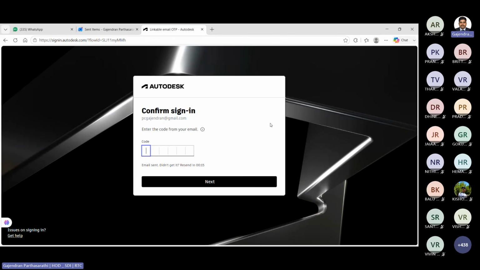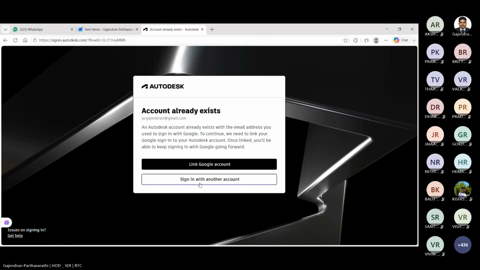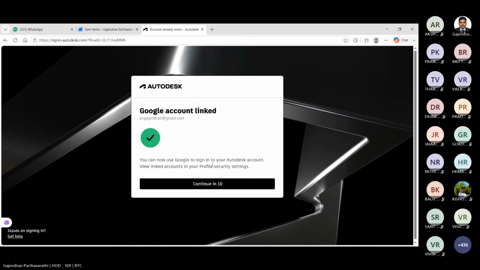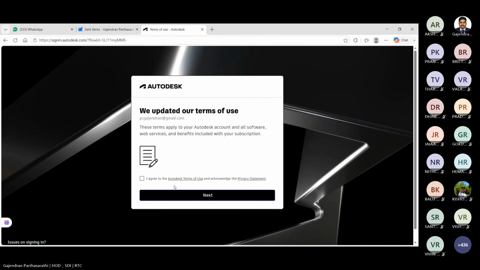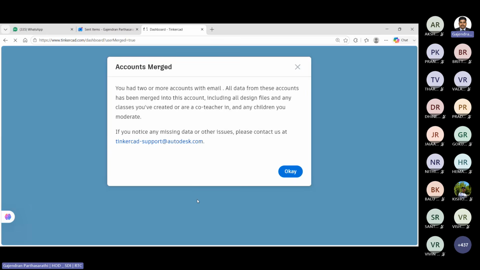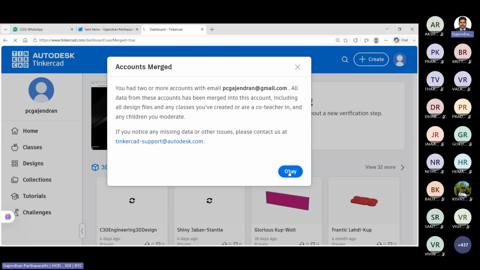There you may receive the verification code. Type the verification code and start using it. These are asked for some security purpose. I don't know why it is asking today. Already I have logged in, I have a class account, everything.